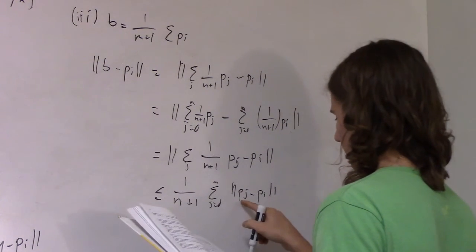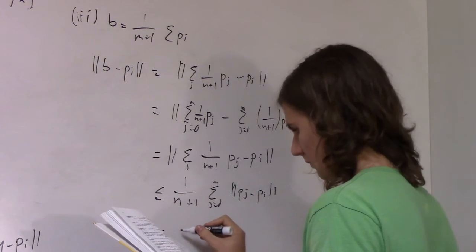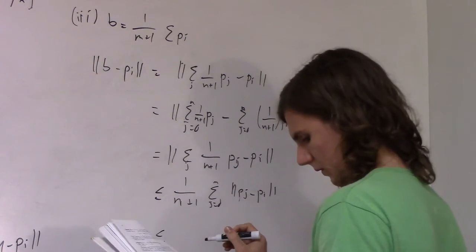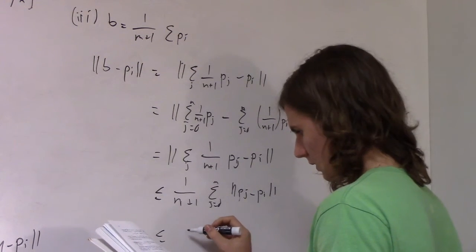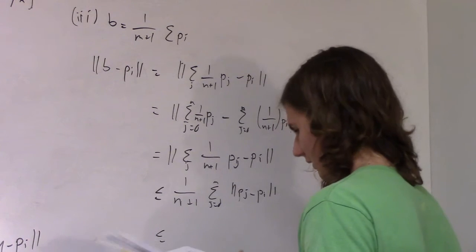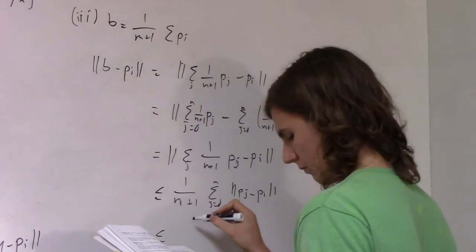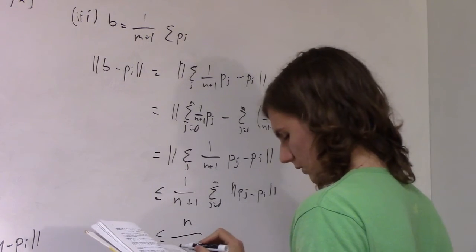Which, okay, so this is just, oh right, okay, so that's less than or equal to n over n plus 1.